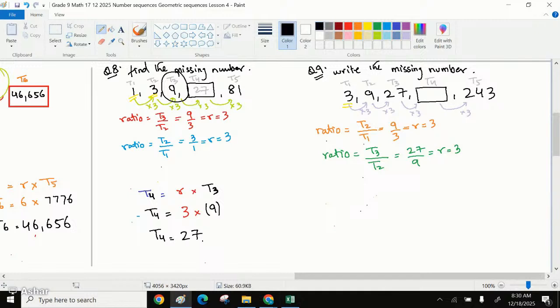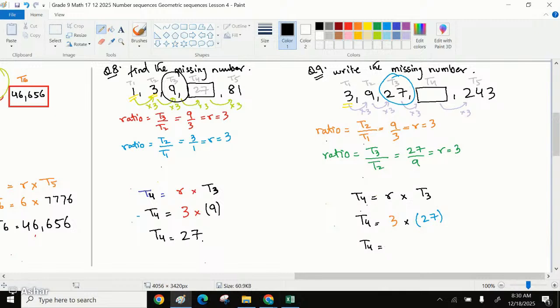Okay? So we can say if we need to find term number 4, that is r times the previous term. That would be 3. Term 4 would be ratio multiplied by term number 3. And term number 3 is 27. Good. And what is the answer for 3 multiplied by 27?